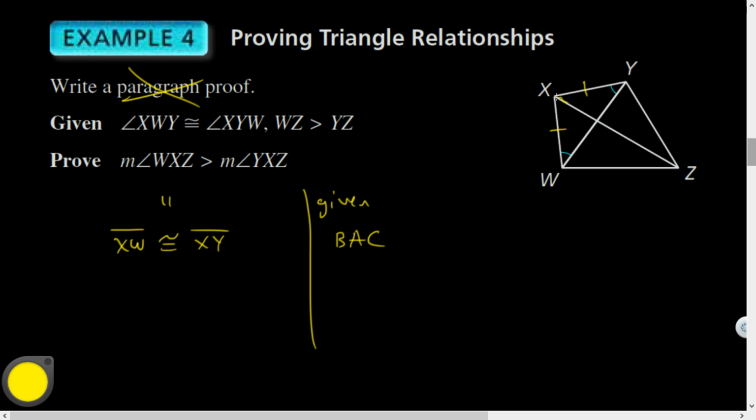I also know that XZ is congruent to itself. So now I'm no longer thinking of just that isosceles triangle. Why is that congruent to itself? Everybody's favorite, reflexive.